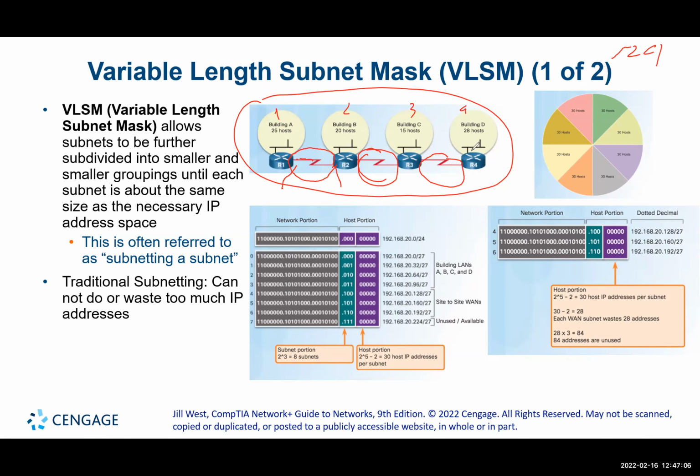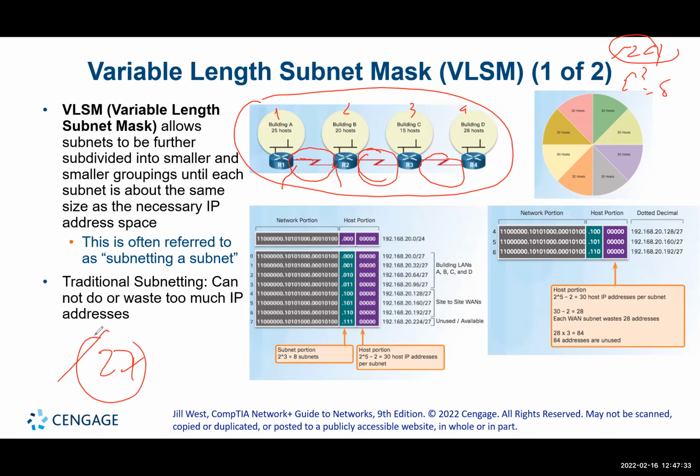Okay, you have 3 bits here because 2 raised to the power 3 is 8, right? So now you know that you have to break it down equally into 8 subnets. So when you borrow 3 bits, you get /27, because from /24, you borrow 3 bits, you have /27.